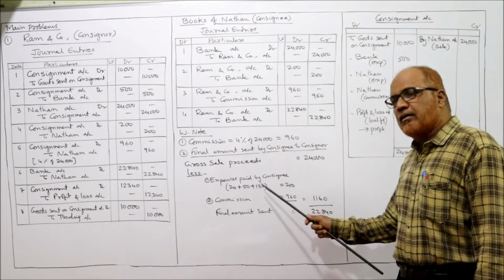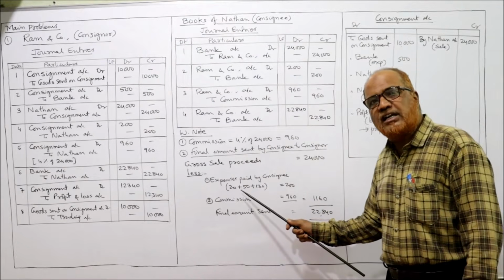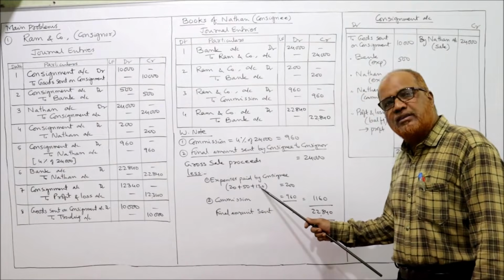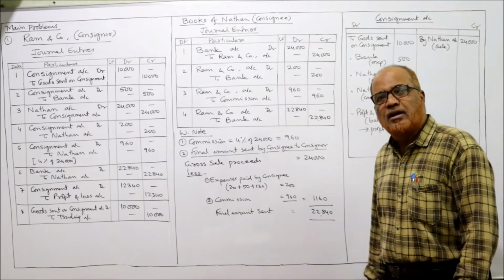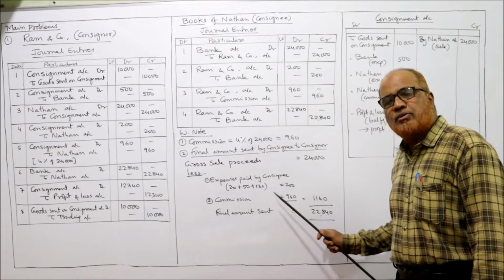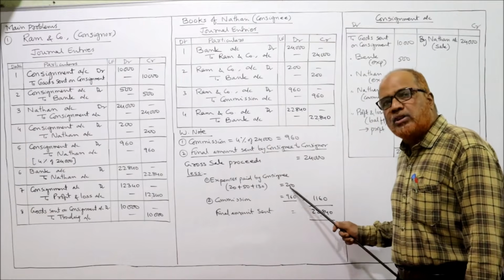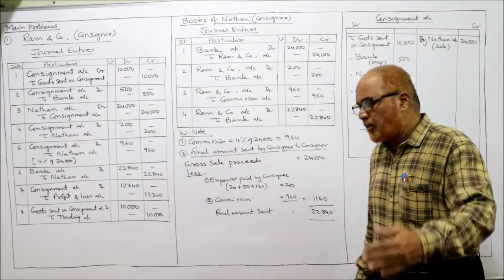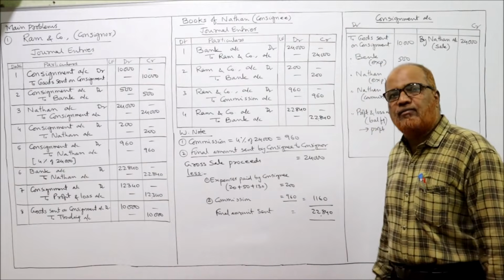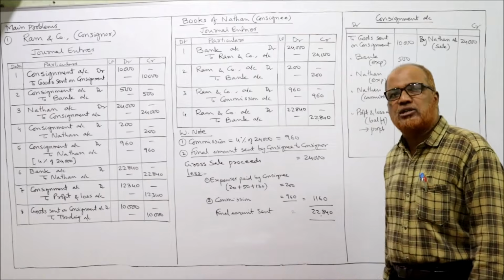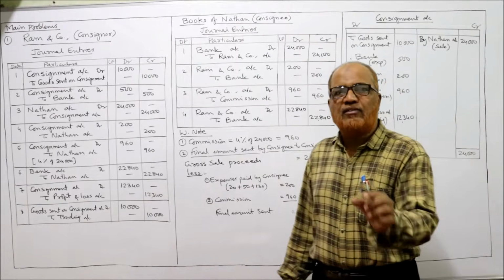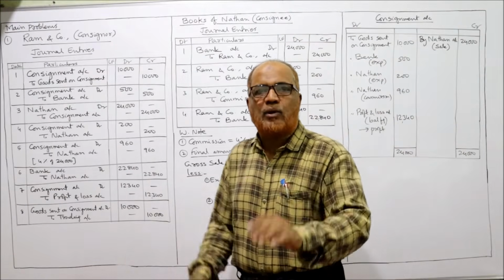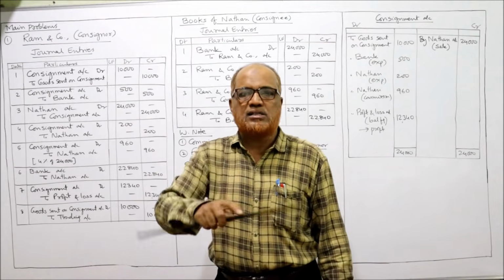Expenses paid by consignee, 20 plus 50 plus 130, 200 rupees. Apart from that, commission of 960 rupees. Both will be deducted, 1,160. The remaining amount is 22,840. This is the final amount sent by the consignee to the consignor.